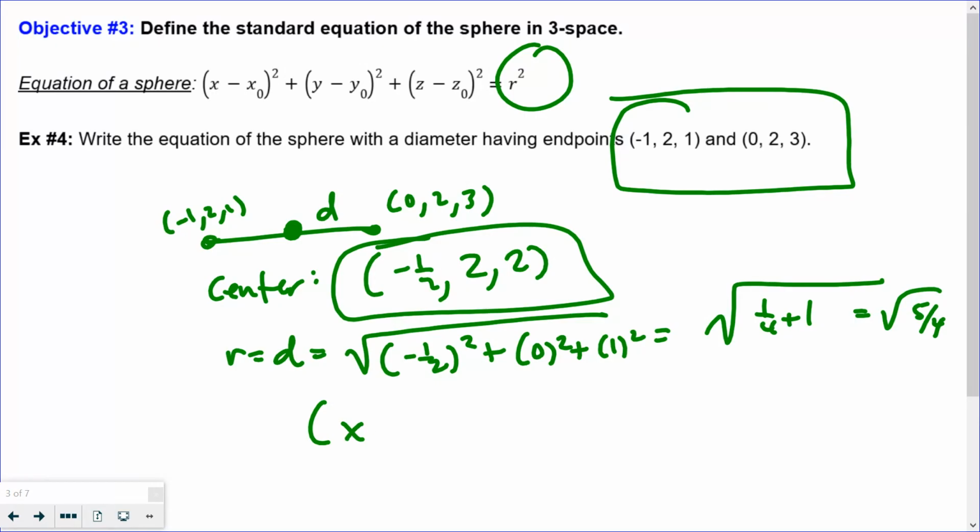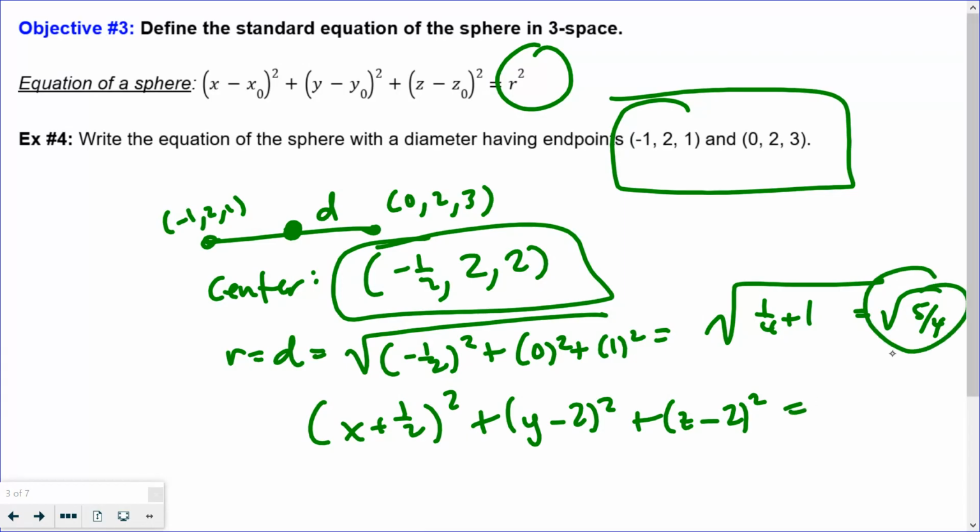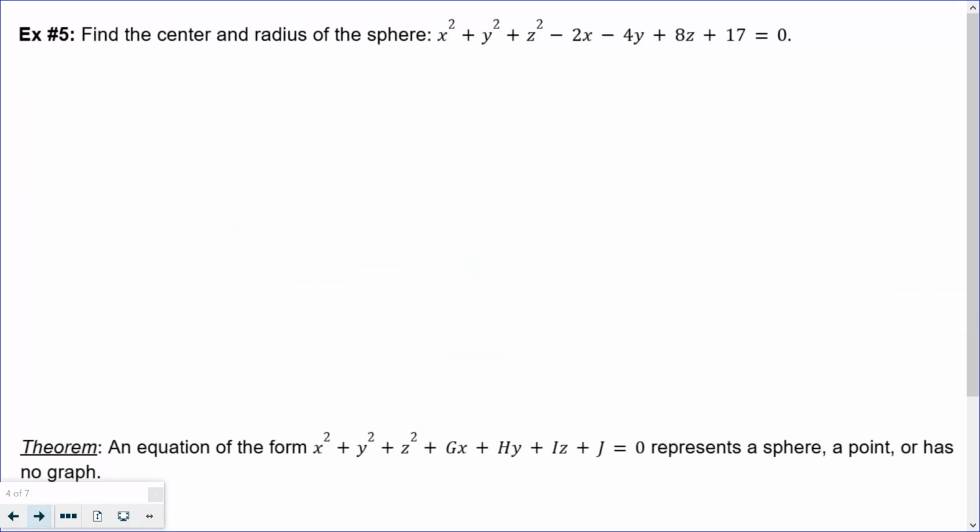So it'd simply be x minus negative 1/2, which ends up being plus, squared, plus y minus y naught squared, plus z minus z naught squared, and that is equal to the radius squared, which would be 5/4. Hopefully that makes sense. I feel like it wasn't too bad. Like anything we do, you should try things on your own. It really helps for these videos to make sense.